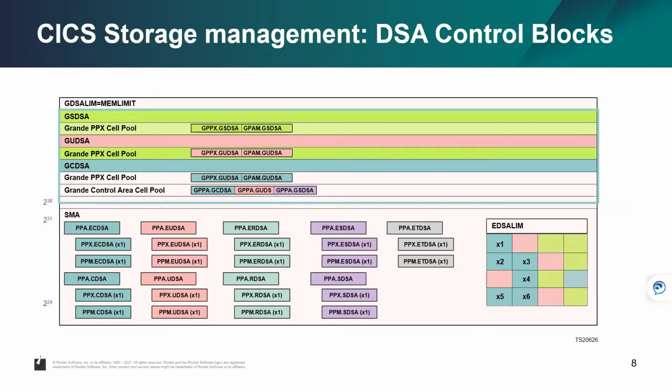And what you'd see chained off of the PPA are these things called PPXs, page pool extents, because the contiguous piece of storage, as we mentioned just before, is either 1 meg or 256K at a minimum.